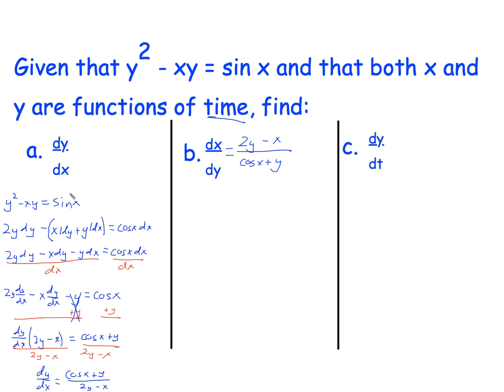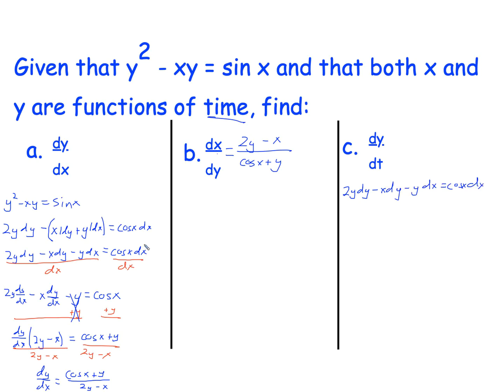Again, we would start off the same way. We have our original. We differentiate each part, and then this next blue part here, that is the negative distributed. So I'm going to just start there. So we have 2y dy minus x dy minus y dx equals cosine of x dx.